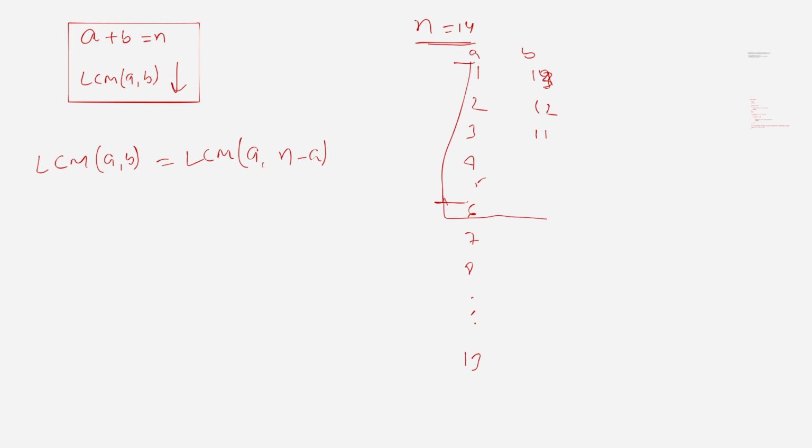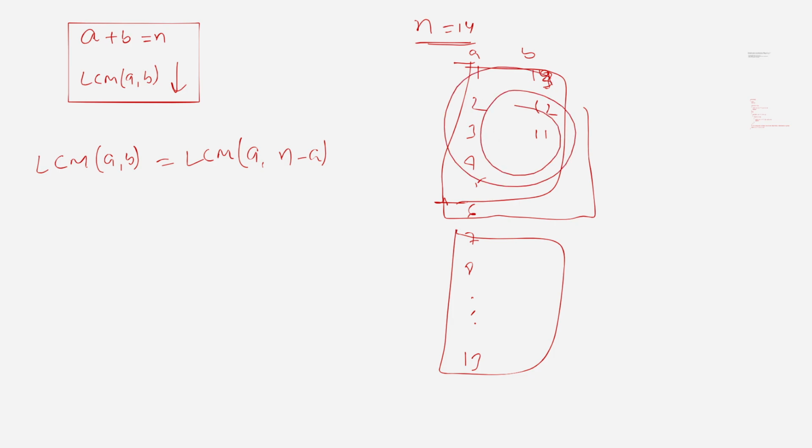After half the iterations, these will be repeated. So can I say if we are getting an answer here, then we can also get the answer here? So let's suppose that in a and n minus a, a is smaller than n minus a or equal. Okay, so let's assume that our answer is in the first half.